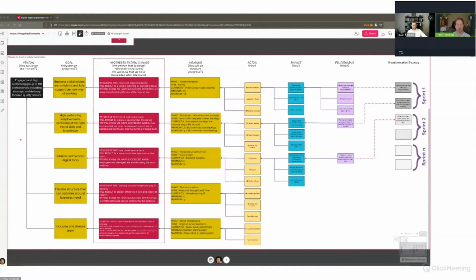But one thing that was significant was they were mapping out themselves as a service provided to the organization. So this is another example of how you can use an impact map for just about anything. In this case, it was, how do we want to be known? So they had a vision and goals.